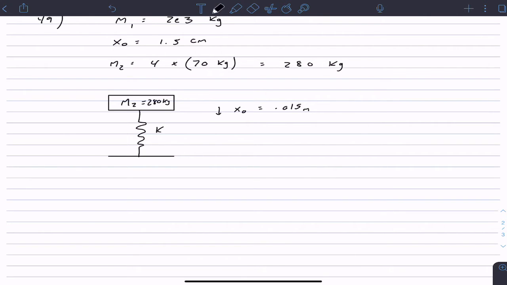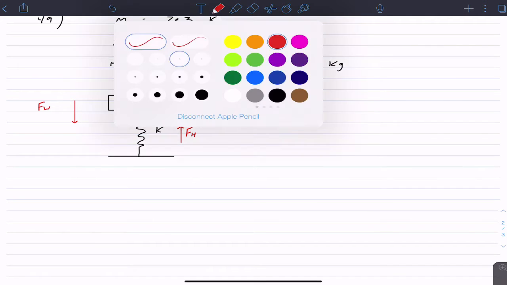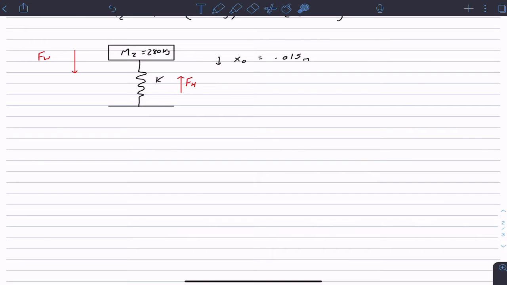And since we've introduced a mass into the system, we have a weight force going down, and we're going to have a spring constant pushing up. So this is going to be your Hooke's law force, right? Now, once they got in and pushed this thing down 15 centimeters, it's just sitting there. So now we're in equilibrium again with a spring potential.